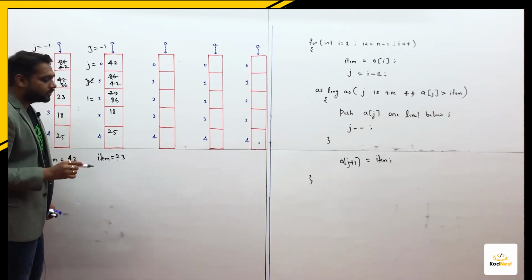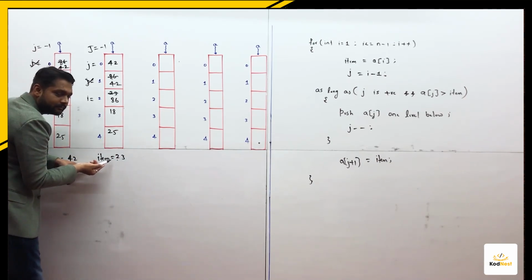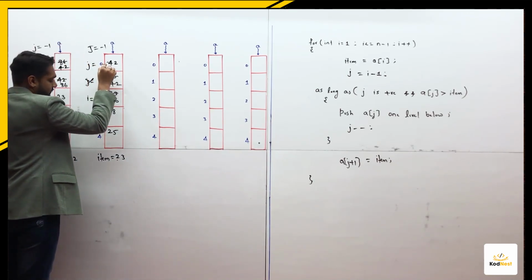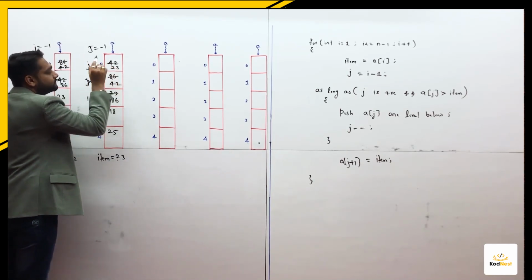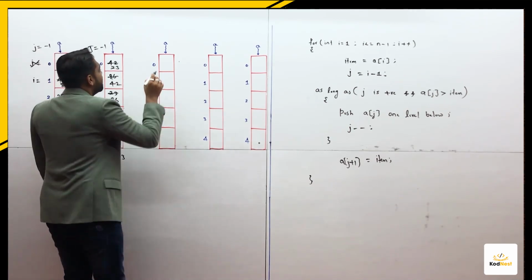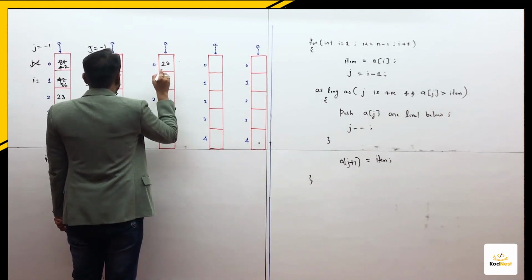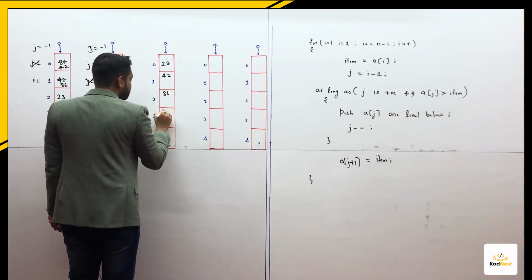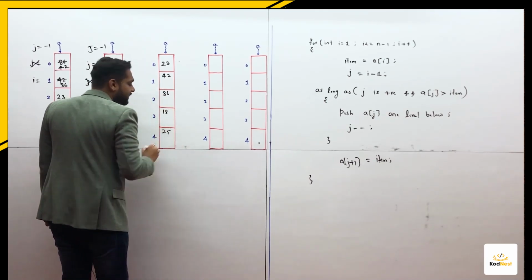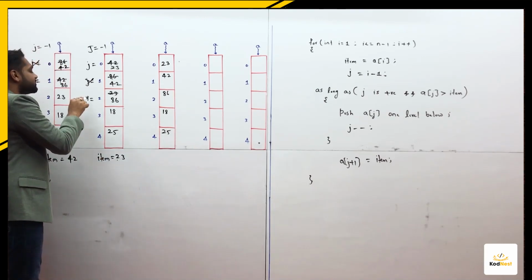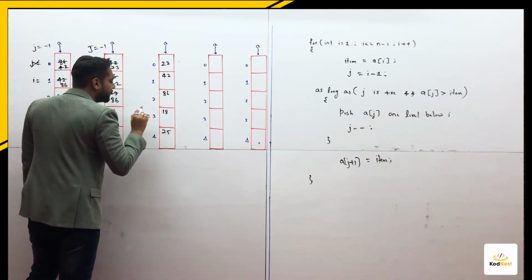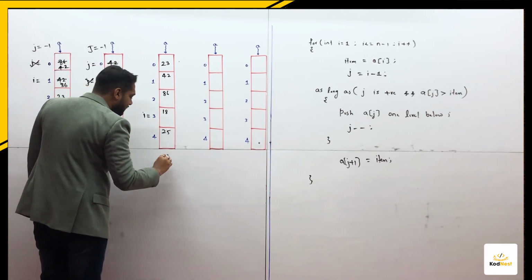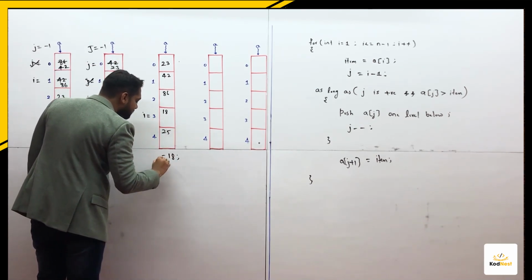As soon as control comes out of the loop, whatever is there in item, take it and give it to a of j plus 1. 23 will come here. As of now, the array contents are 23, 42, 86, 18, 25. I previously was 2, now I would become 3. Again continue. Whatever is there in A of I, give it to a variable called item.